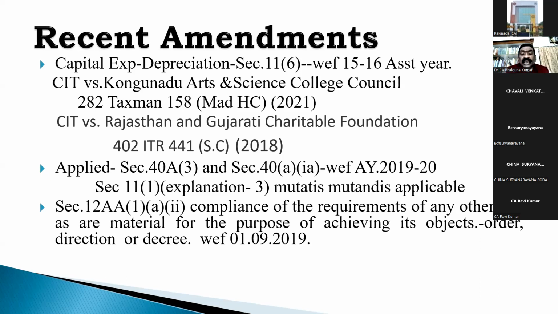So the buildings' depreciation is eligible in all the subsequent years, because the original cost was not claimed as application. These are all the decisions. I have even given the latest 2021 Madras High Court decision; please go through it. Even now, the fixed assets have to be maintained in two separate categories.